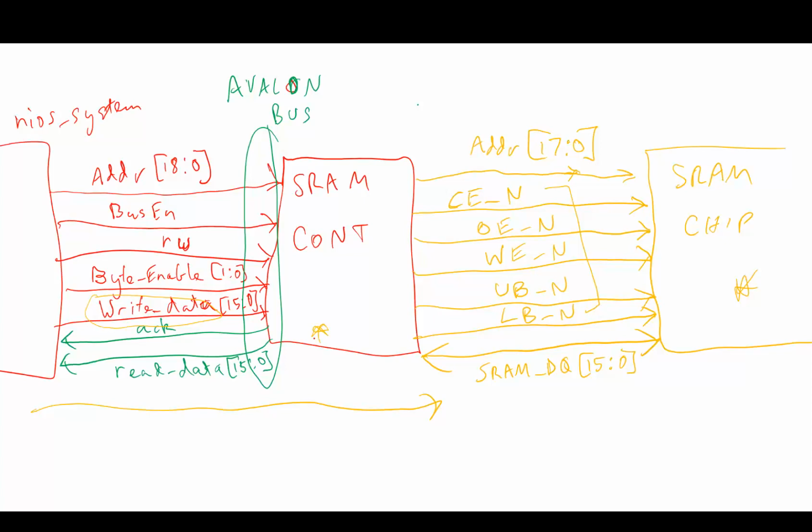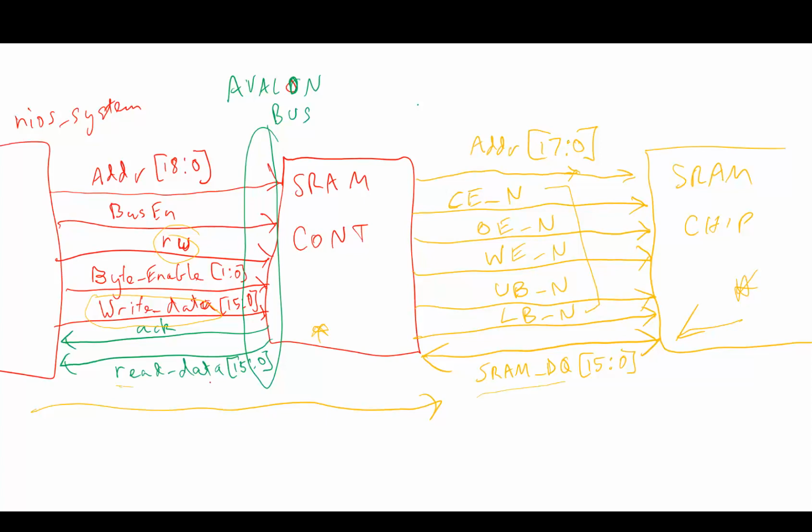So when the SRAM controller needs to read from the SRAM DQ, which means the SRAM chip is driving it, it needs to set the SRAM DQ to high impedance. So when this read-write is a 1, that means SRAM DQ should be assigned to high impedance.